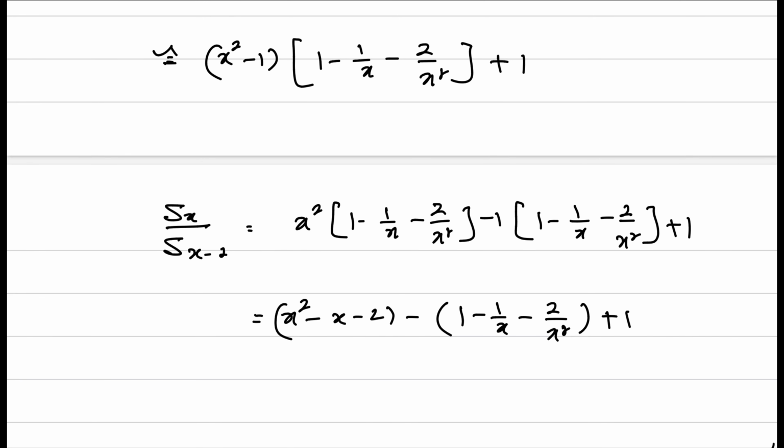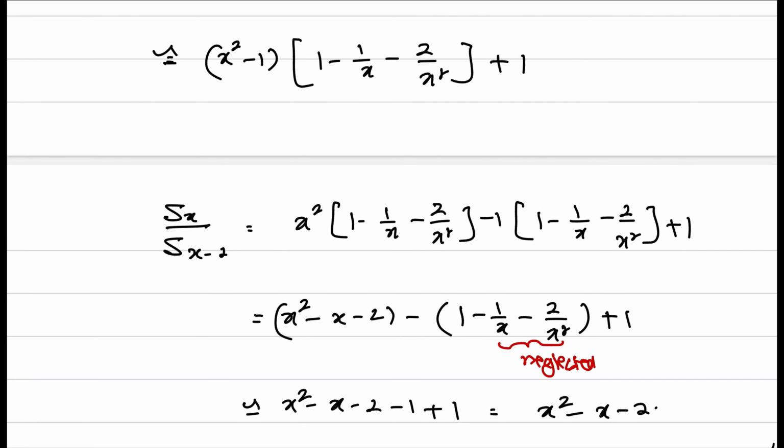These were large values, these can be neglected for large values of x. Then this will be approximately equal to x square minus x minus 2 minus 1 plus 1, that is equal to x square minus x minus 2.